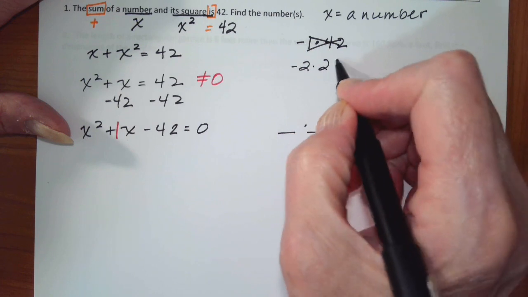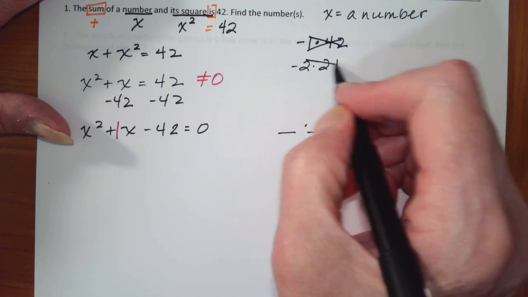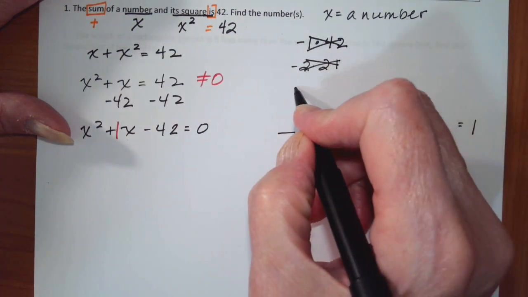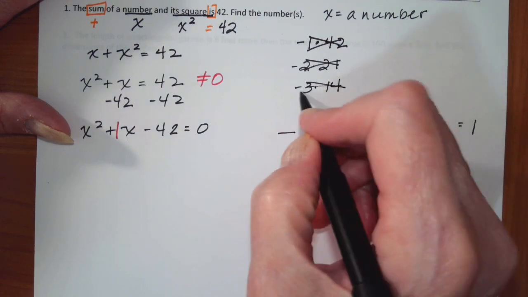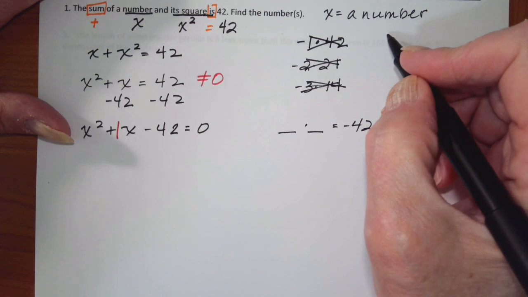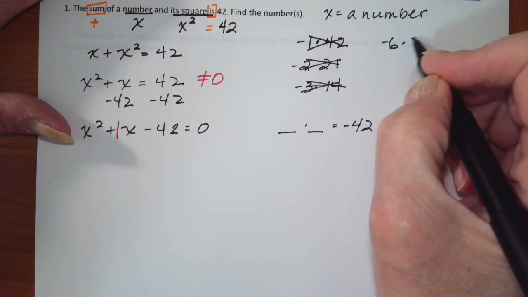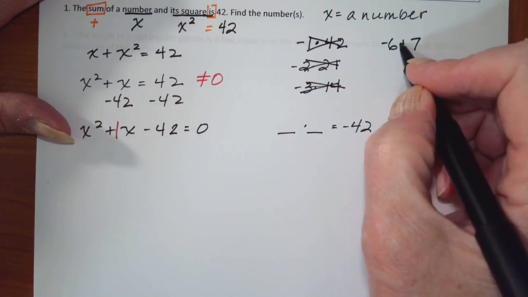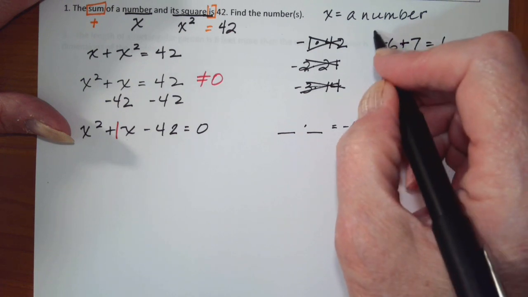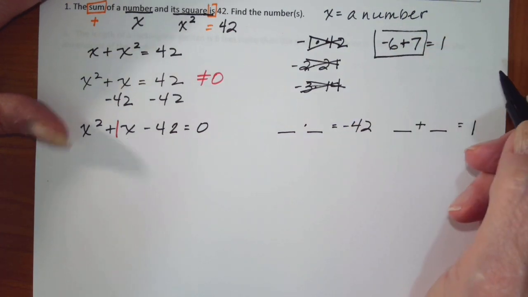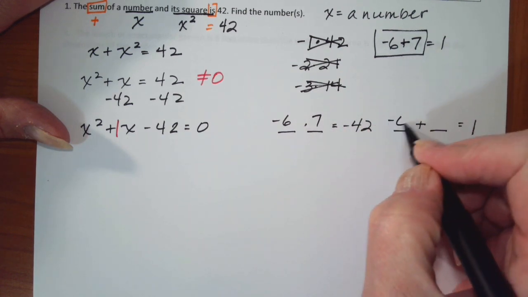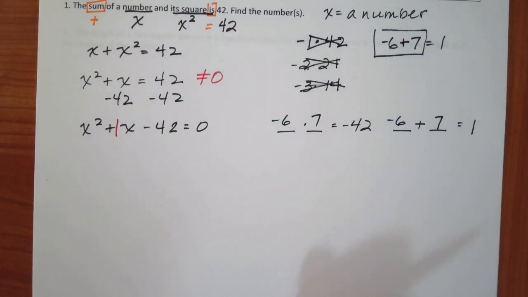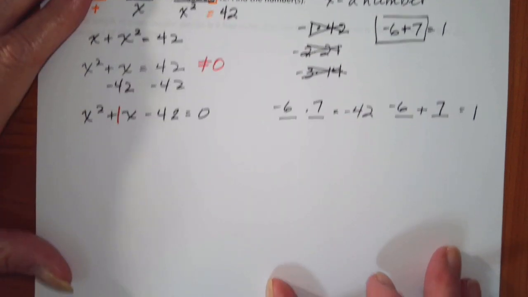Negative 2 times 21, when I add these, that's 19, so that doesn't work. Negative 3 times 14, when I add those, that's 11, so that doesn't work. Negative 6 times 7, and when I add those, that equals 1, so this is the pair that I need. So negative 6 times 7, negative 6 plus 7, and they fit both conditions.